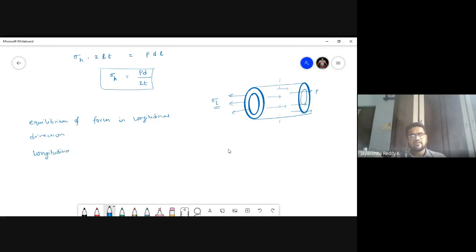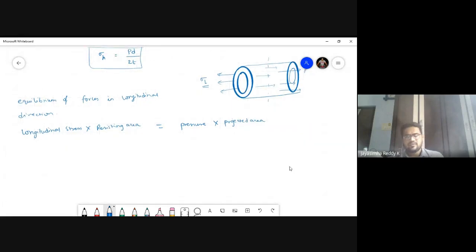Longitudinal stress multiplied by resisting area is equal to pressure multiplied by projected area.